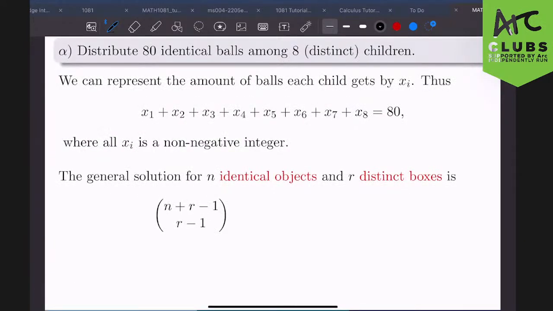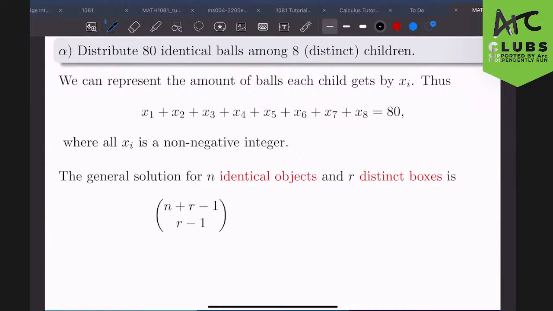Right. So 80 identical, we can just create this equation, where the number of balls that each child receives is one of these integers, a non-negative integer, and of course the sum will be 80.